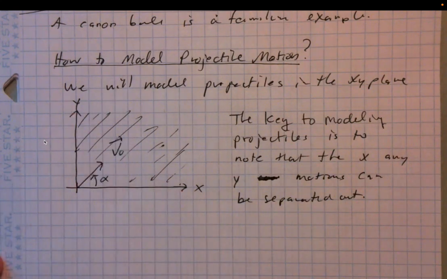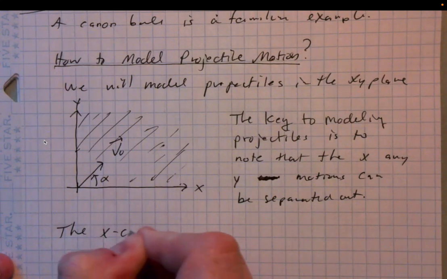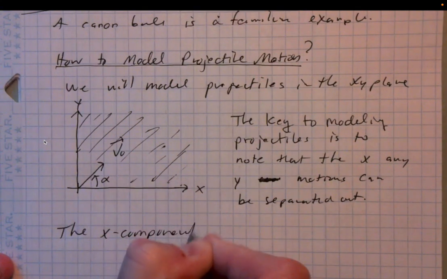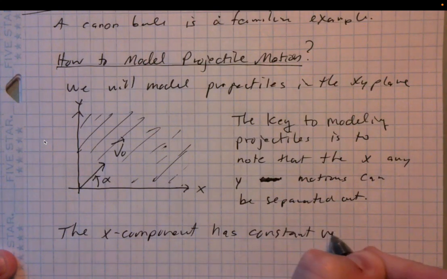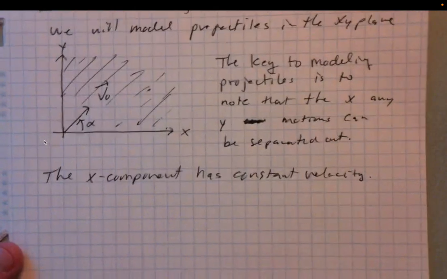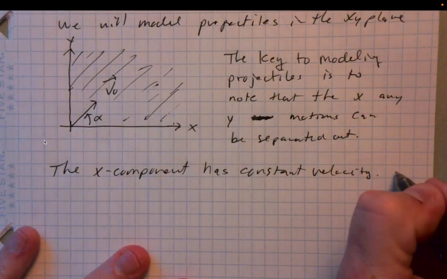Well, the x component has a velocity that's given to it, an initial velocity, and that velocity is constant. So the x component has constant velocity. And what does that mean? Well, the implication there is that the acceleration in the x direction is 0.